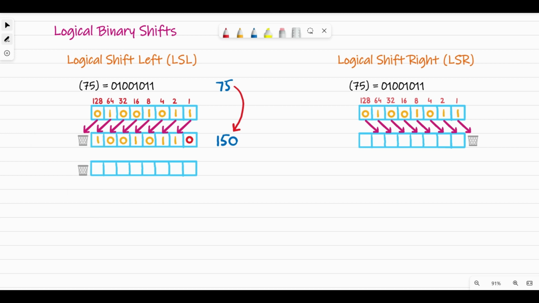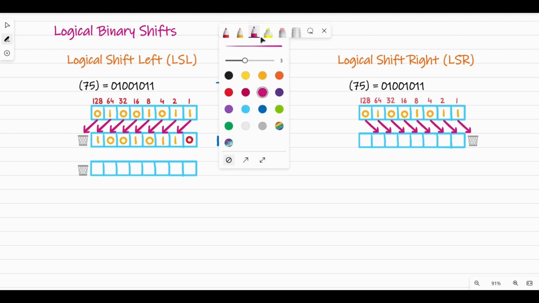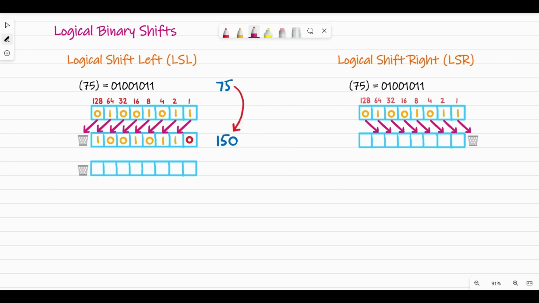We'll perform another shift, and by that shift we'll have this one wasted away. This 0 will come here, this here, this here, and obviously this is the legit value now for the next binary shift.